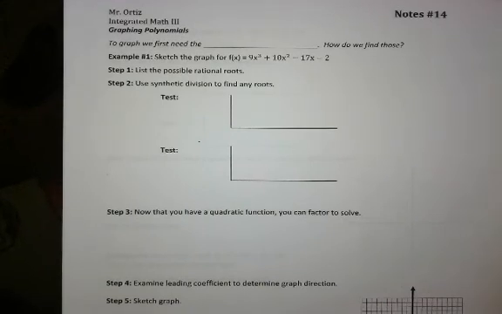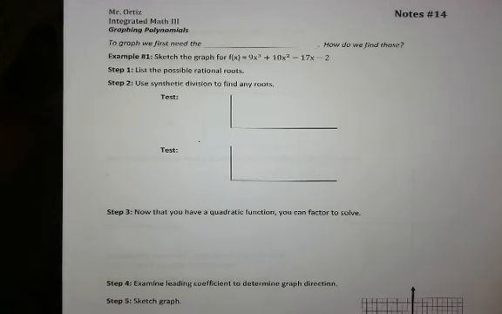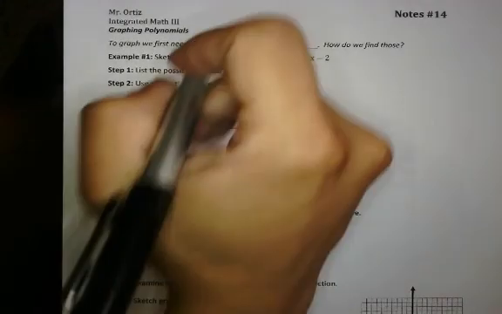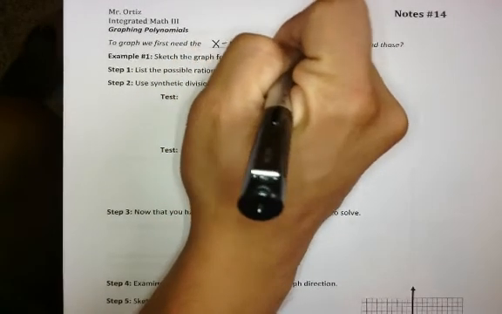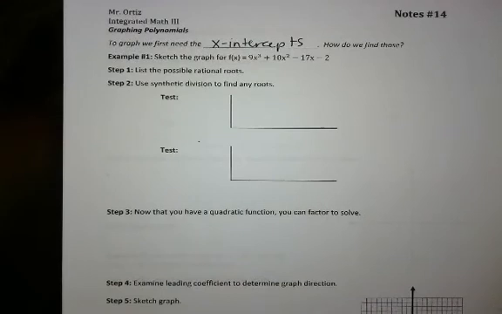Okay, so now we are going to go from very beginning to the end of being able to graph a function along with figuring out how to graph it. So, hold on tight. So now, in order to graph, we first need the x-intercepts.